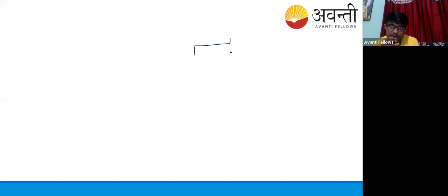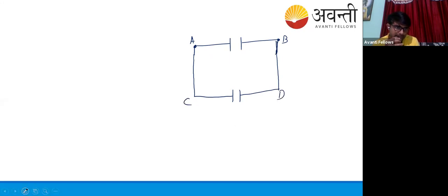This was the first capacitor, say with terminals AB. And this is the second capacitor, with terminals CD.